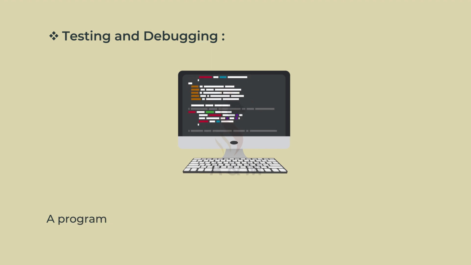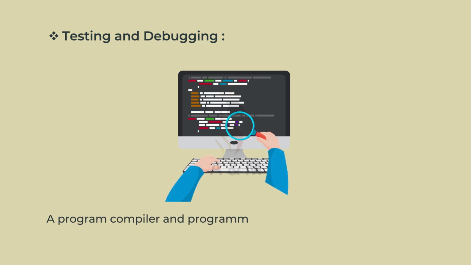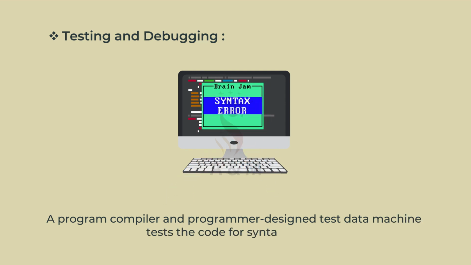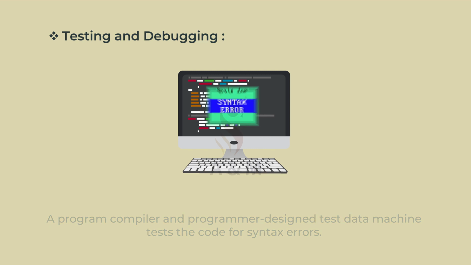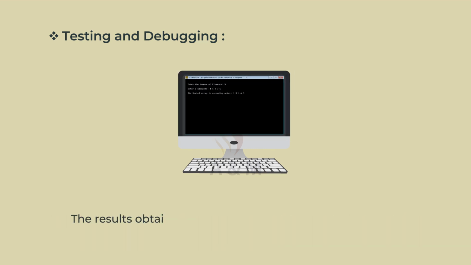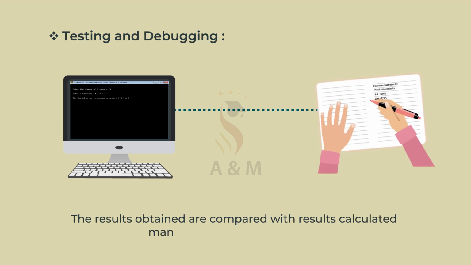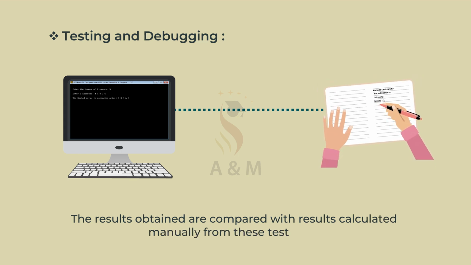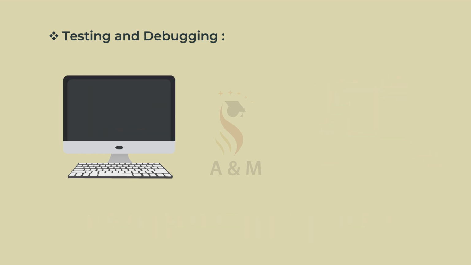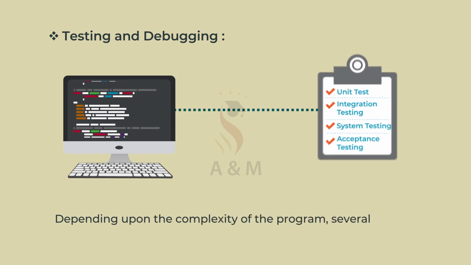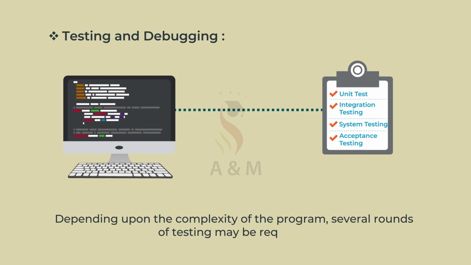A program compiler and programmer designed test data machine tests the code for syntax errors. The results obtained are compared with results calculated manually from these test data. Depending upon the complexity of the program, several rounds of testing may be required.